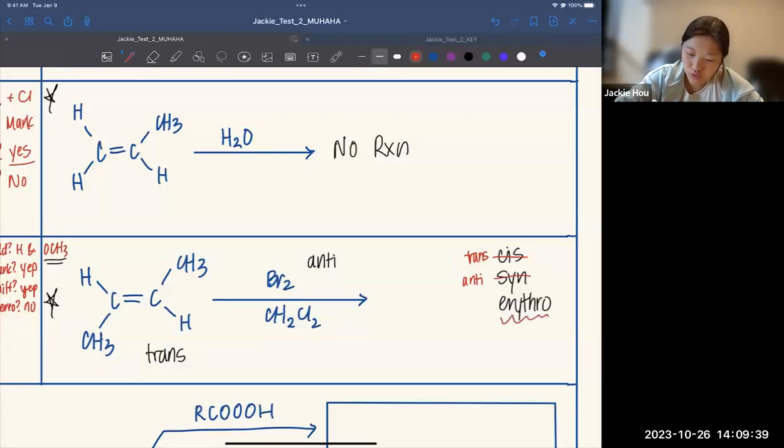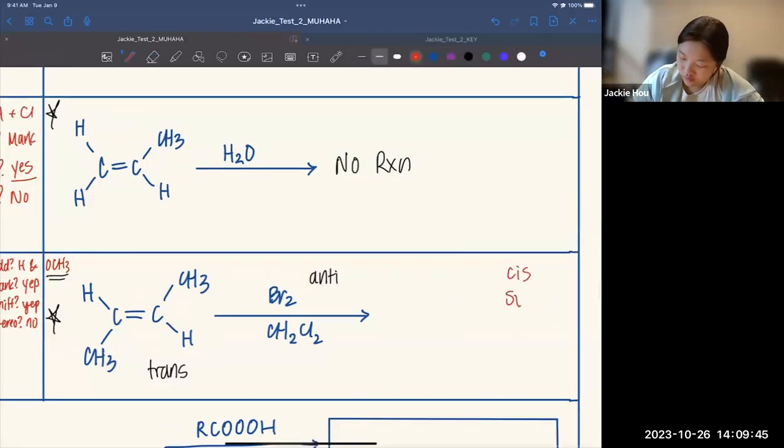If it was a cis compound that was adding anti, then I would still need to change this one to make it threo, because this rule holds true only if you change two at a time.